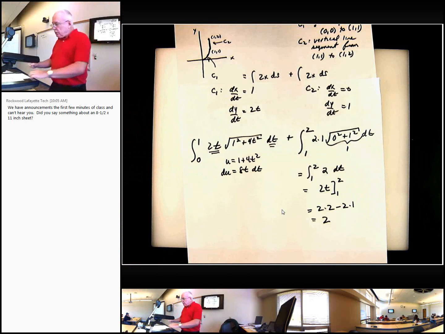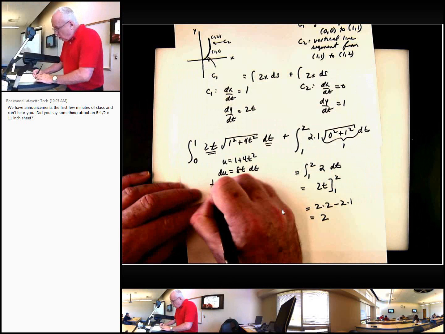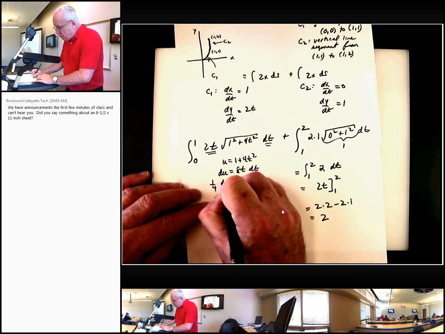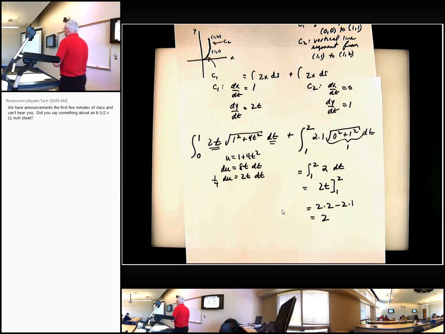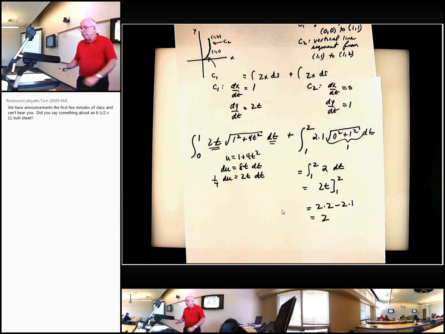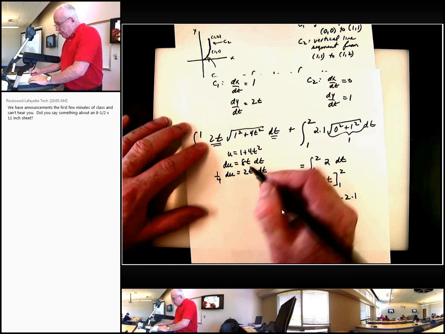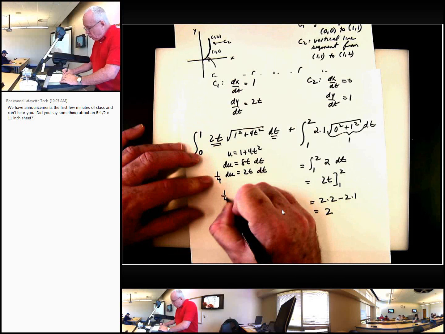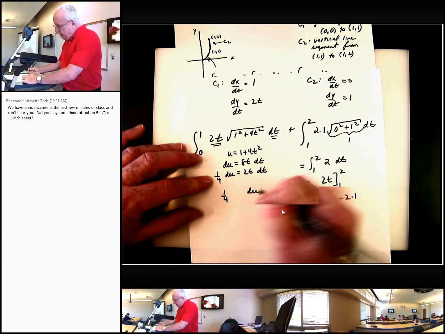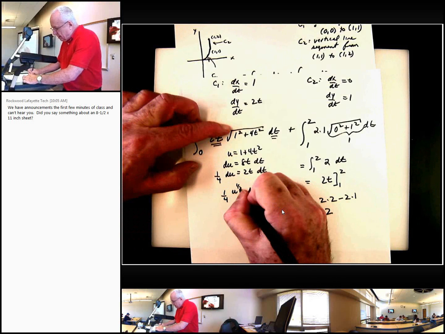So why don't I just say, okay, 1/4 du will be the same as 2t dt. So therefore this integral is going to change to 1/4 du, and then we have u to the 1/2 power.